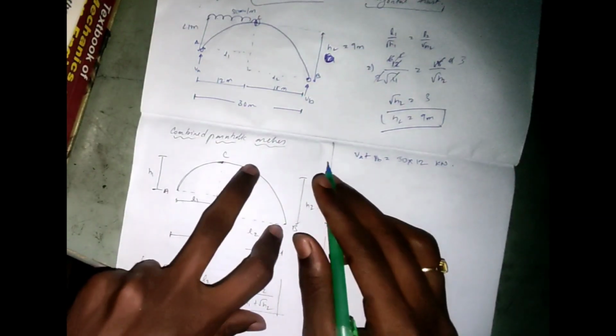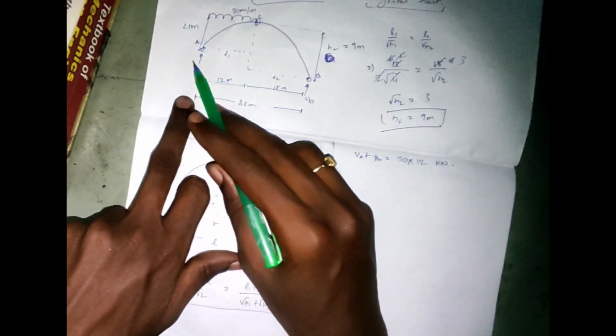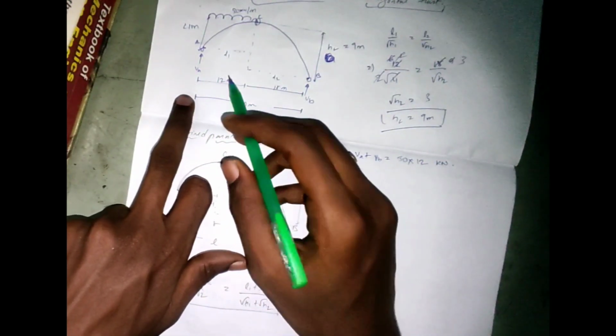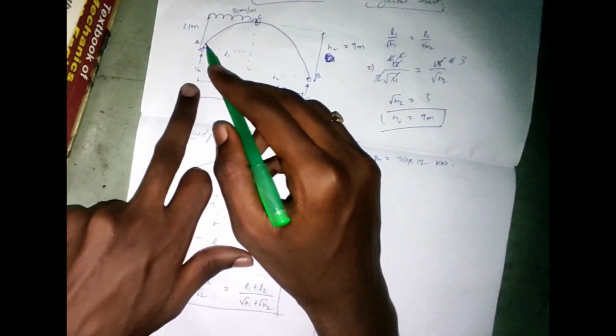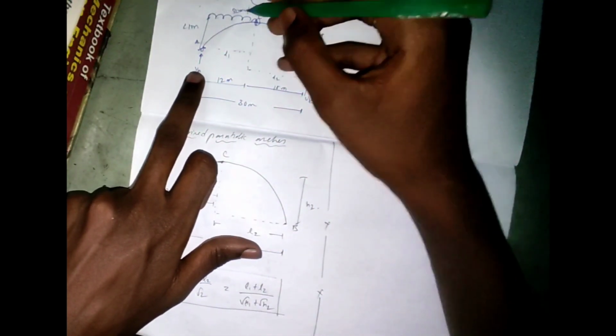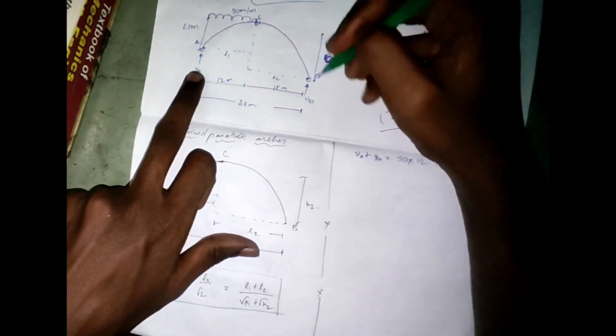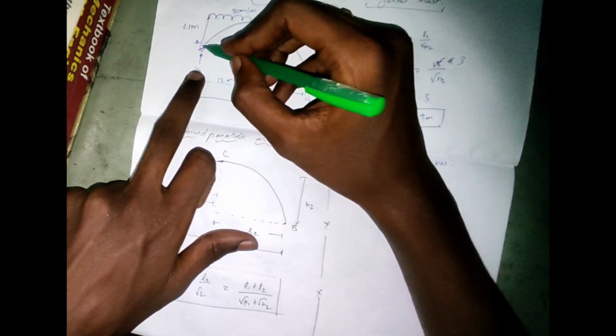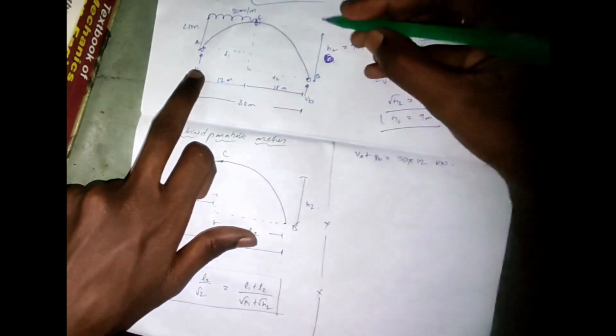Okay, put aside. Now for this combined type of parabolic arches, we should find moment at C for portions AC and CB.